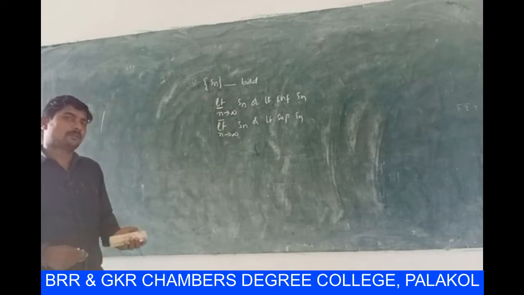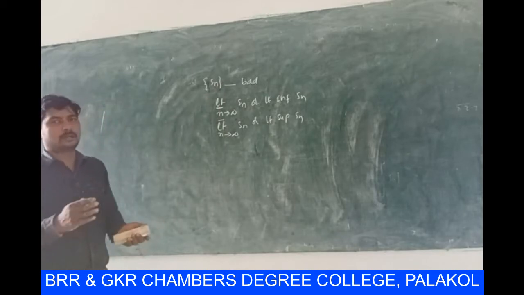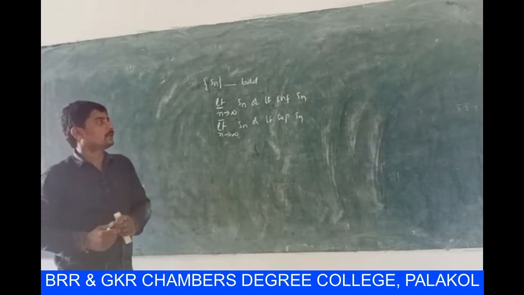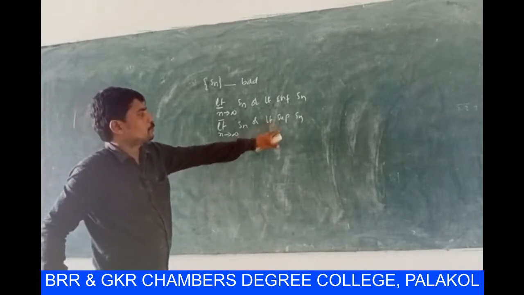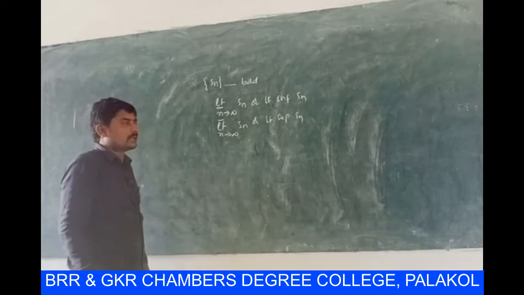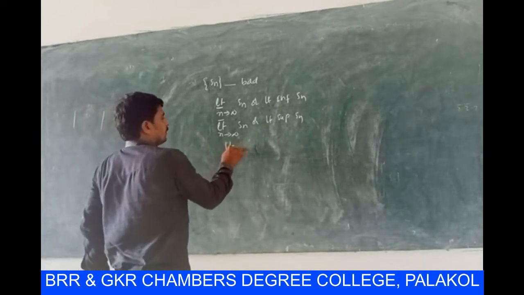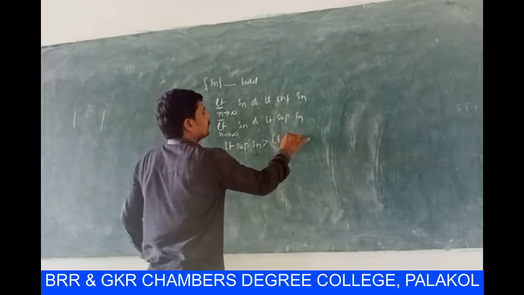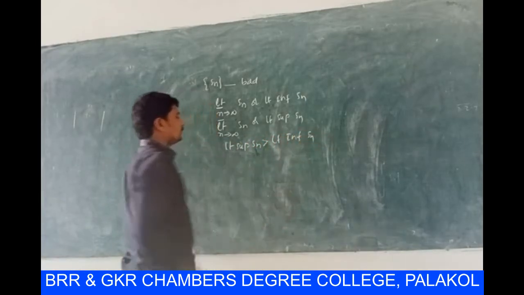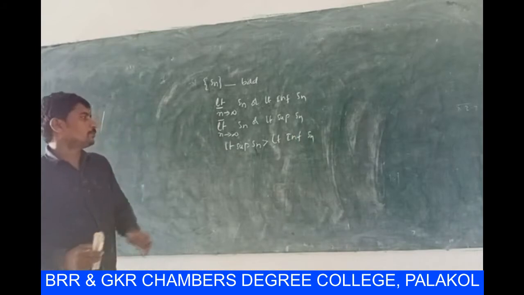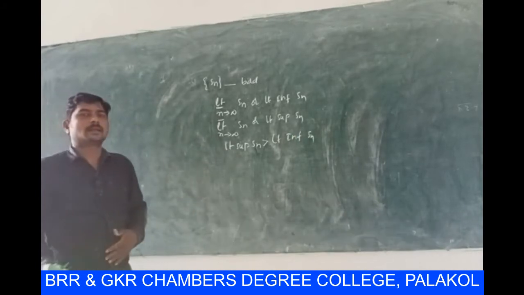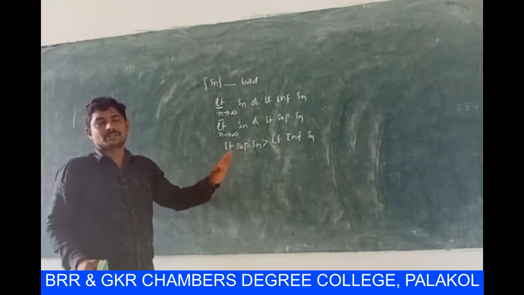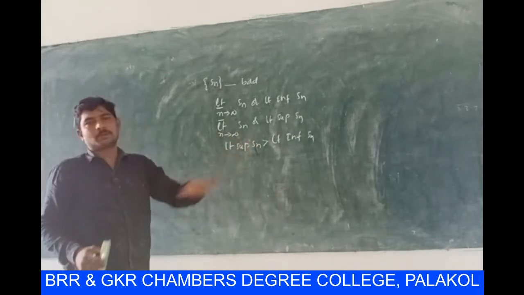Now let us see one example of how to write limit infimum and limit supremum. Is there any relation between limit infimum of Sn and limit supremum of Sn? There is a relation among these two: limit supremum of Sn is always greater than limit infimum of Sn.